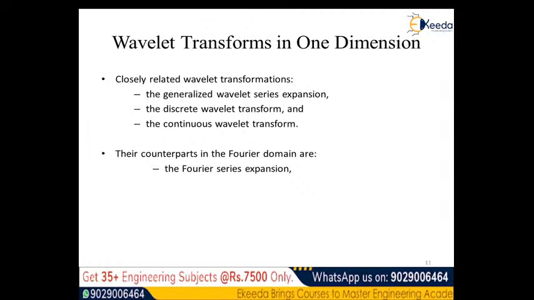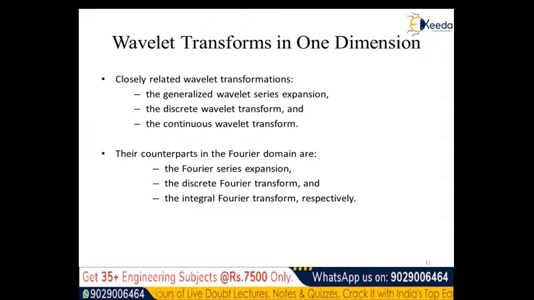Now, after the Fourier series expansion, we have also learned the discrete Fourier transformation here. So, discrete wavelet transformation here we have as a substitute to the discrete Fourier transformation here. And for the continuous type of the wavelet transformation, we have the counterpart, that it is the integral Fourier transform here. Now, as like we have the fast Fourier transformation FFT, the very popular while applying the Fourier transformation to the discrete signals here. So, in the similar way, we have the fast wavelet transformation here.